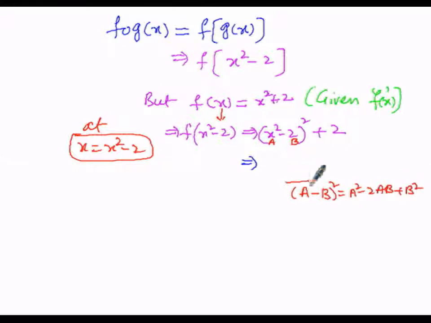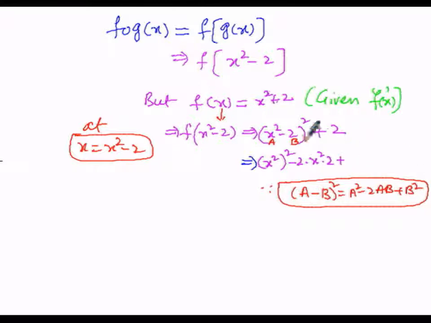So we elaborate this x square minus 2 whole square: a square, where a is x square but must be squared, minus 2ab, minus 2 into x square into 2, plus b square, that is 2 square, and the last term, plus 2, must be copied as it is.